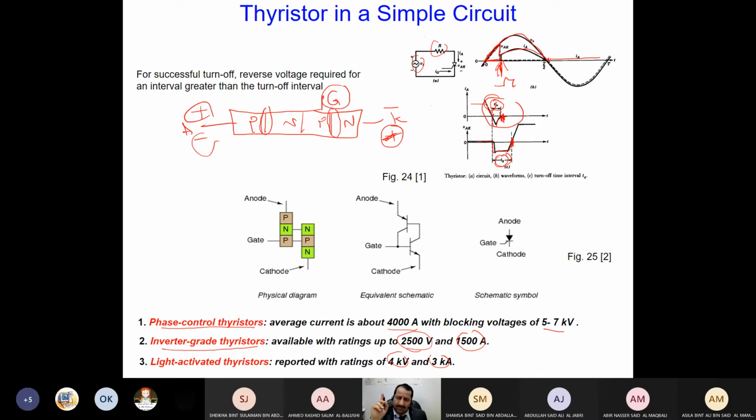The pulse is coming one time, a small pulse for a small time, maybe in milliseconds or microseconds, and we remove it. Okay? But here, when I try to switch it off, reverse recovery time doesn't tell me that my thyristor is off.